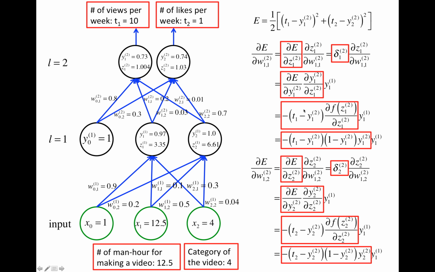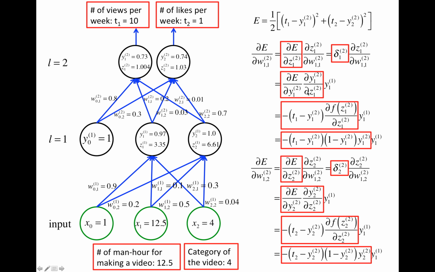So this derivative has an explicit expression: minus T1 subtract y21. And then partial y21 over partial z21. Y21 is obtained by applying the sigmoid function on z21.